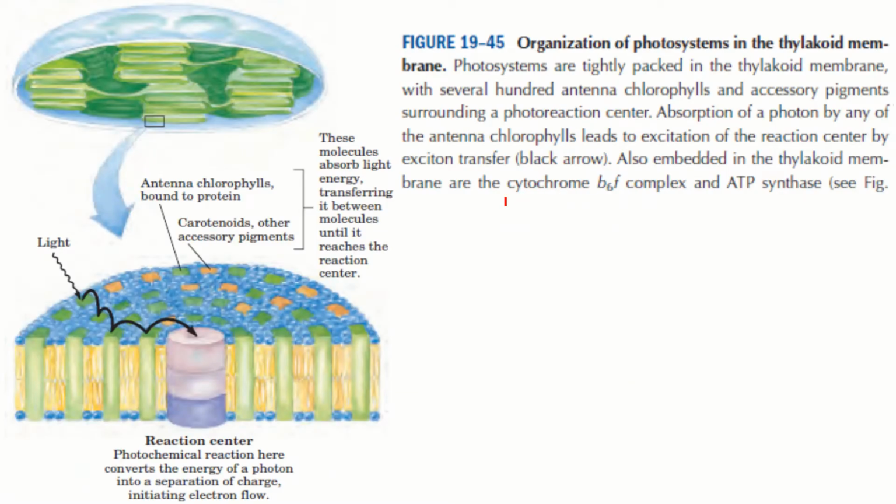Now we are going to see how the photosynthesizing machinery in the thylakoid membrane is organized. Can you tell me what this is? Is it a chloroplast or is it a thylakoid? You can see a longitudinal section of a chloroplast which contains a lot of thylakoids.